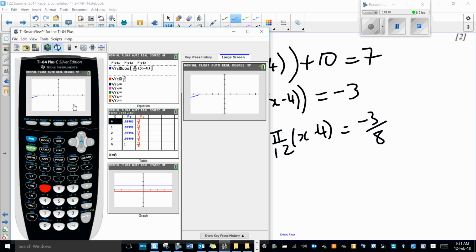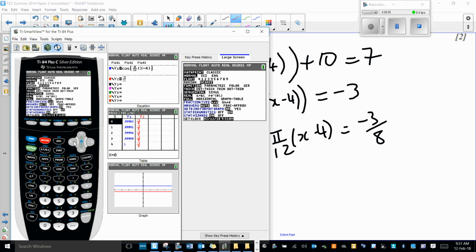Oh, we're in degrees. We need to change to radians.